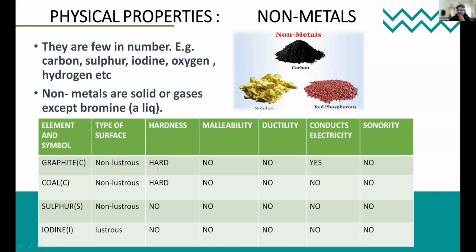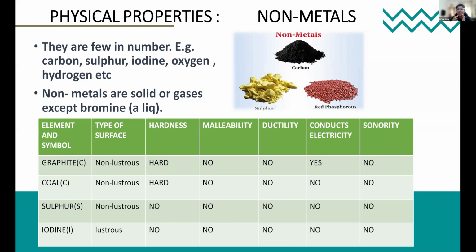Then the hardness: graphite is usually hard. Malleability, no. Usually non-metals are non-malleable, non-ductile, not hard, and have a non-lustrous surface. They are bad conductors of heat and electricity, and they are non-sonorous.